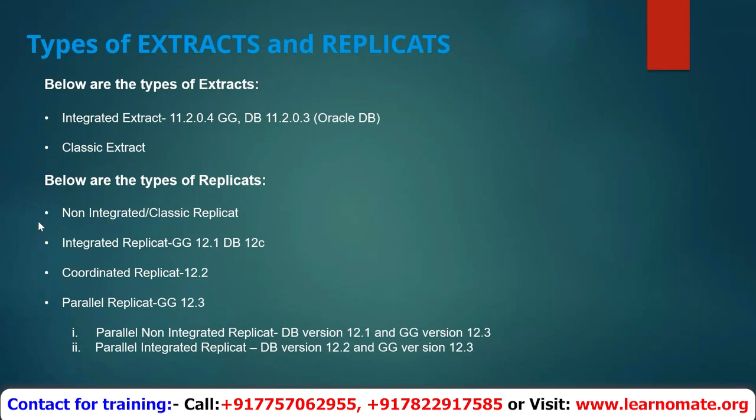The answer to your question, why parallel replicate is faster than non-parallel, is because there are multiple processes internally which run, which you can configure. That's why it makes it fast. How you do it, we'll be discussing when we do the configuration part.